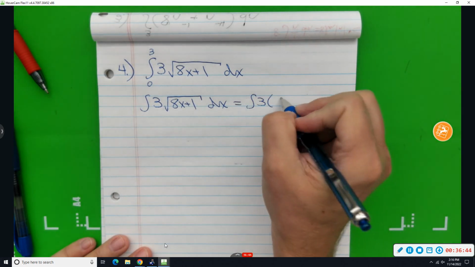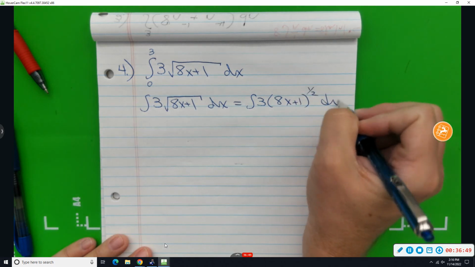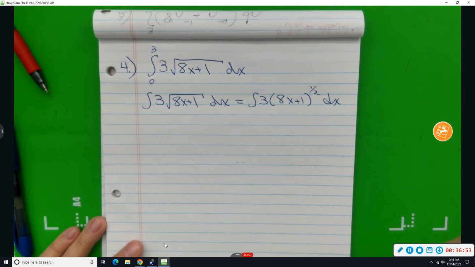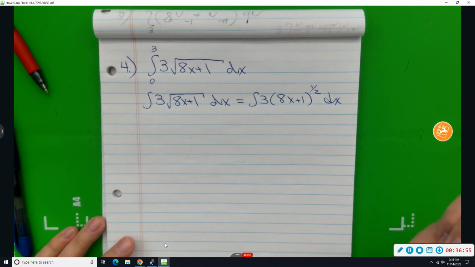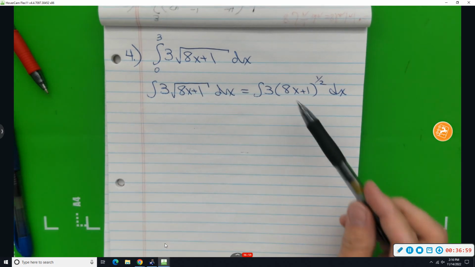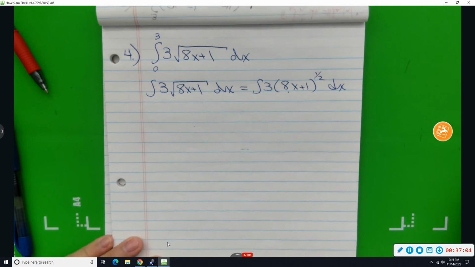So we have 3 times 8x plus 1 to the 1/2 in terms of x. We're going to have to use one of those techniques of anti-differentiation that we saw earlier. If we have a quantity raised to a power, I would use a u-substitution.